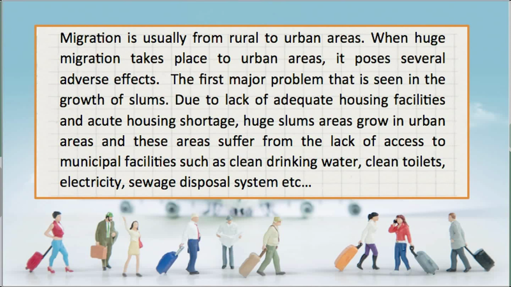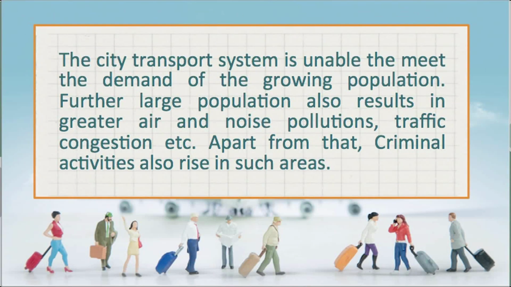The first major problem is the growth of slums. Due to inadequate housing facilities and acute housing shortage, huge slum areas grow in the urban areas. And these slum areas suffer from lack of access to municipal facilities such as clean drinking water, clean toilets, electricity, sewage disposal system, etc. The transport system in the city also finds it difficult to meet the demands of the growing population.